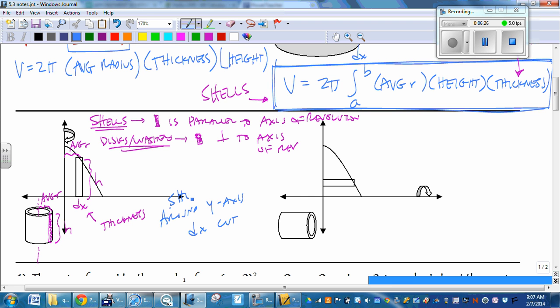So for shells, if we go around the y-axis, it's a dx cut. For discs and washers, if we go around the y-axis, it's a dy cut. And then we'll see the opposite over here.